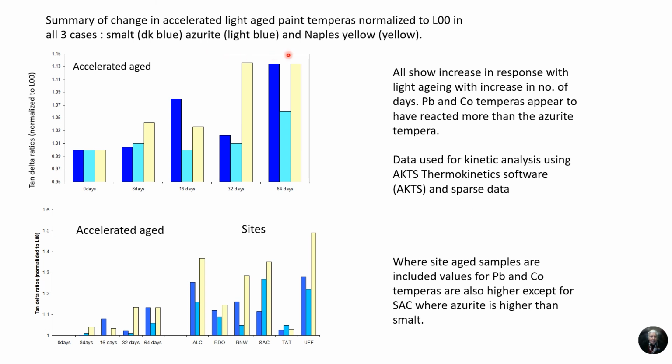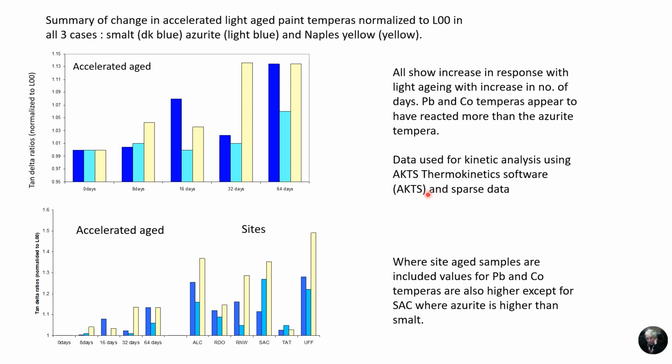So the summary of changes in accelerated light aged paint tempera normalized to the control, I've plotted those, and you can see that if we normalize it against the control, we see the evolution goes more strongly in the case of the Naples Yellow and possibly the Smalt compared to the Azurite. And I was intrigued.